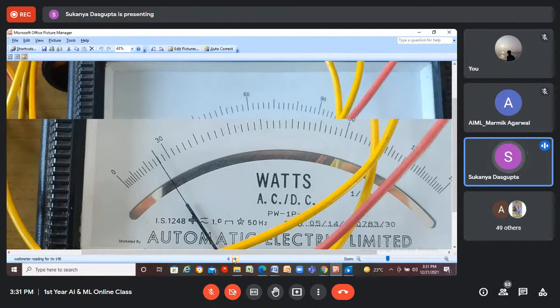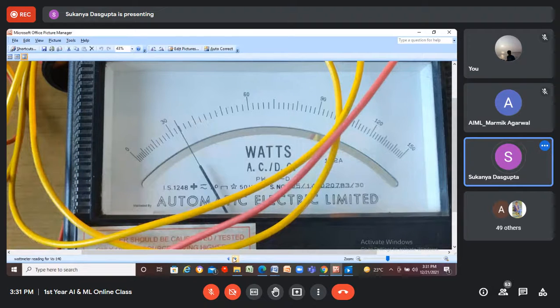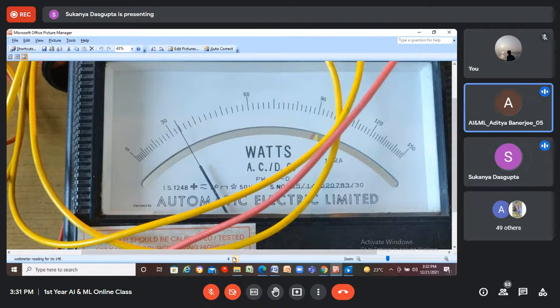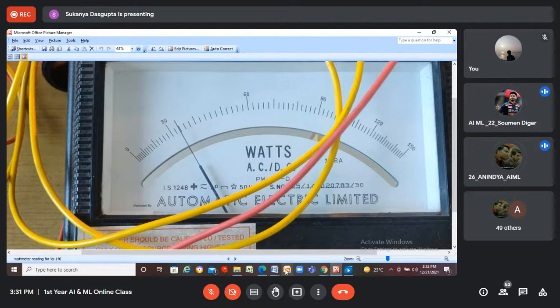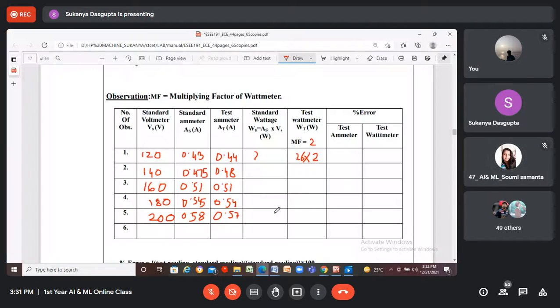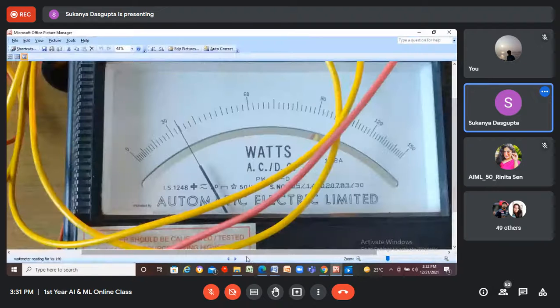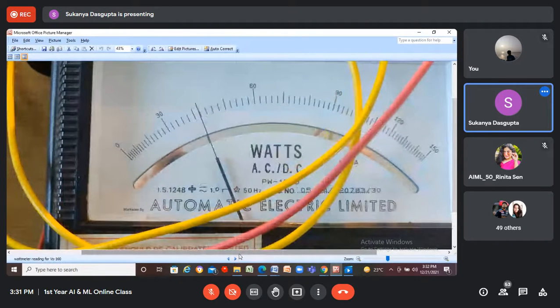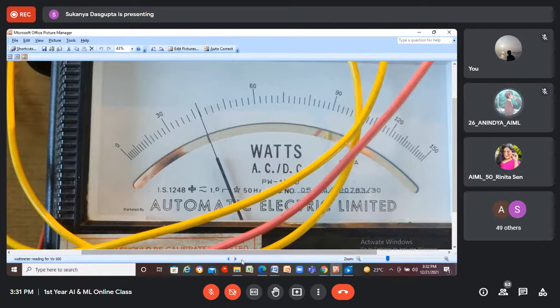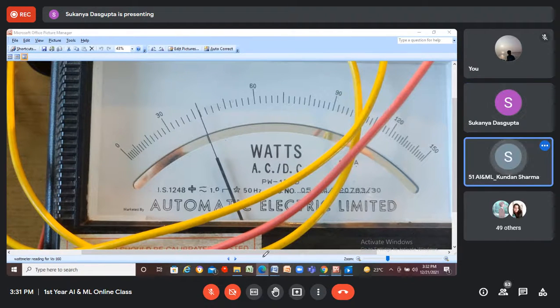Next, for the second reading, it is 34. 34 into 2, yes, 68. Next, for the third reading, it is 42.